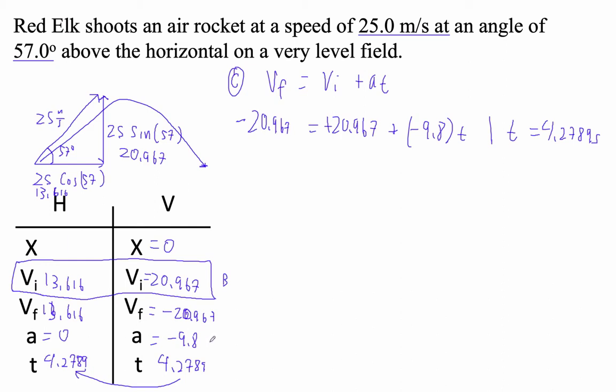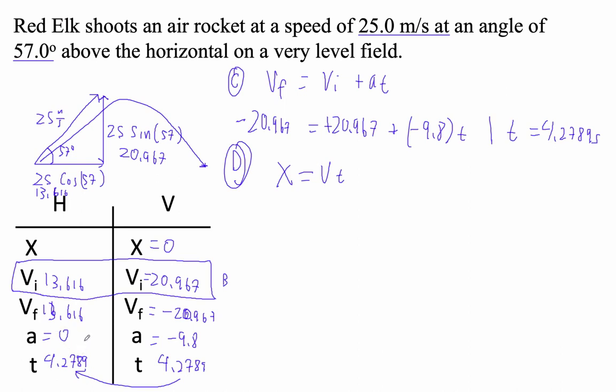And then D says, how far does it go before hitting the ground? That's going to be on this side, and that's just x is vt. I'm using the speed triangle: velocity times time is displacement. Remember, there's no acceleration, so we can do that on this side.